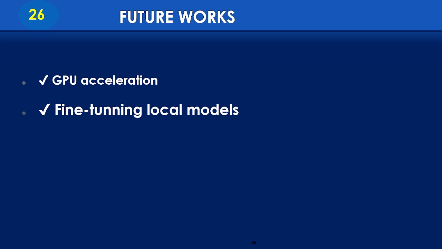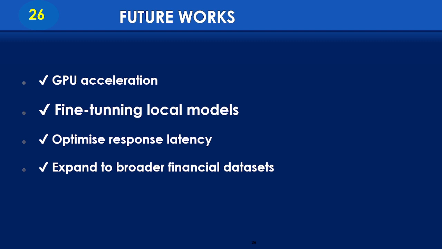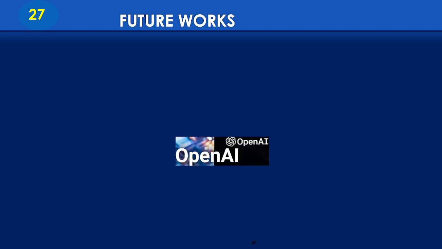We will try to use fine tuning, so they all come together. Of course, it is more computationally expensive, and then the latency will be reduced, and we will expand to broader financial datasets, and we need to engineer more of the prompts.